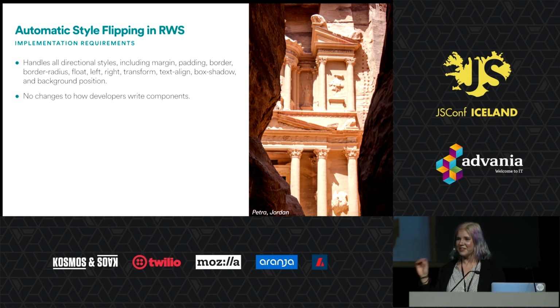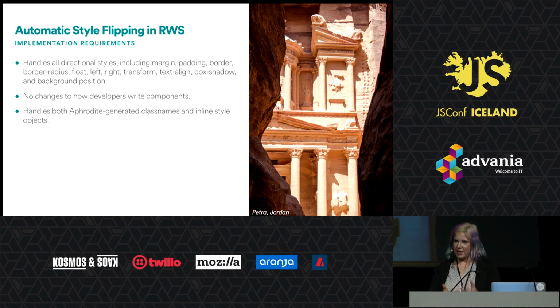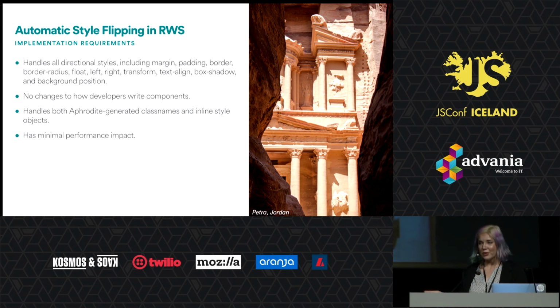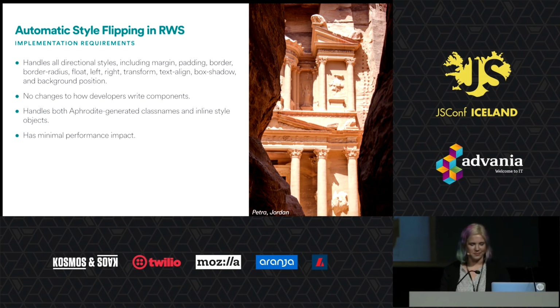We wanted 0 changes to how our developers were writing their components. And we didn't want to have to make any changes to our existing code base. Third, both the Aphrodite-generated style sheet definitions need to be handled, and those inline style objects that we were dynamically creating on render. And of course, we didn't want to have a huge performance impact on our application while doing this process.